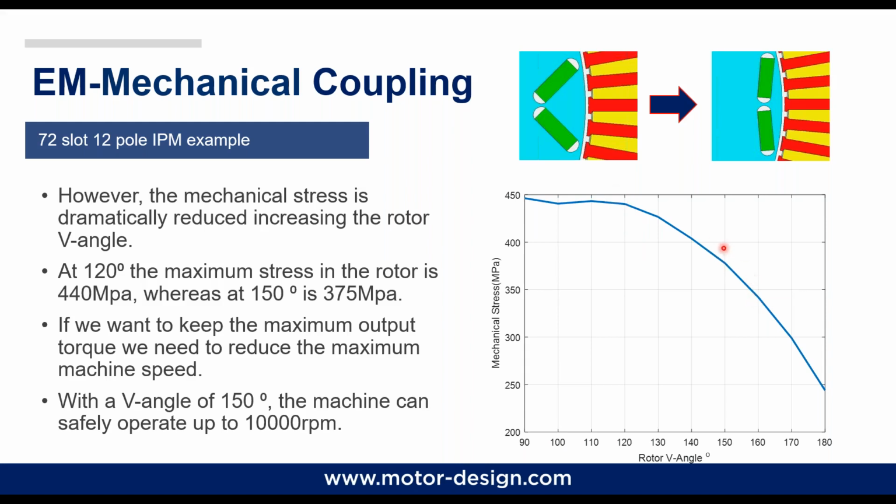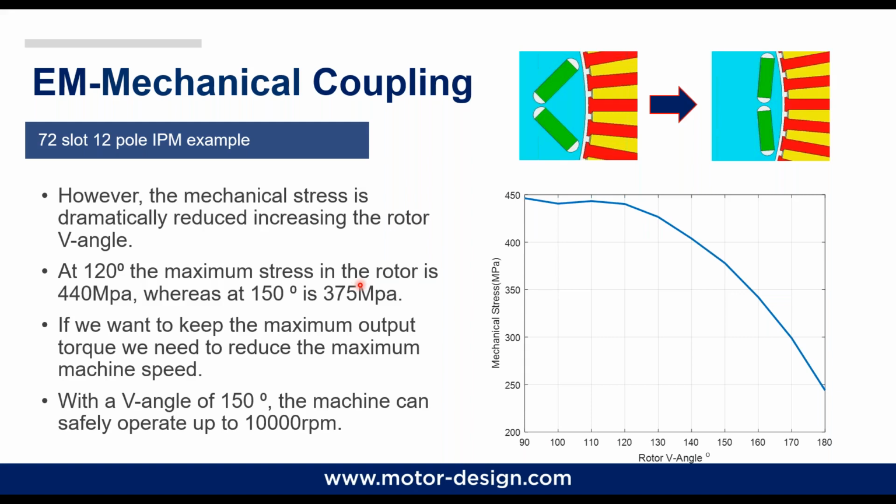However, if we consider a 150 degrees V angle, we end up with 375 megapascal as maximum mechanical stress, which is still above the maximum allowed stress, but is lower.